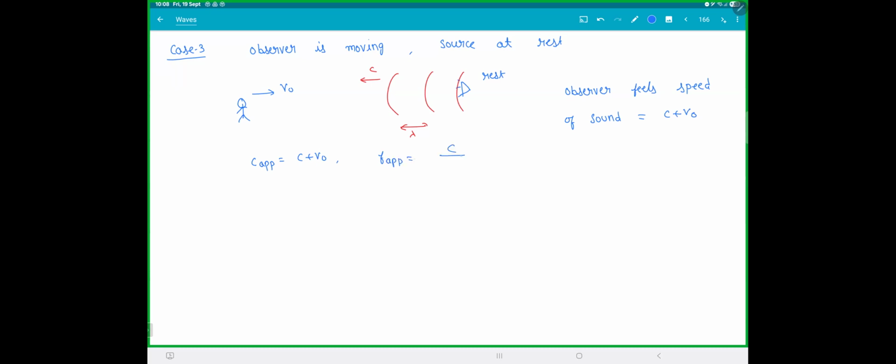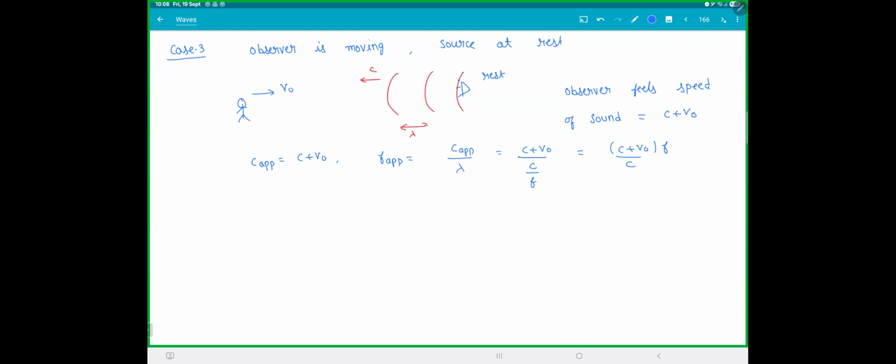F apparent will be C apparent by lambda. This is C plus V naught and lambda is C by F. So it is (C plus V naught) by C into F.